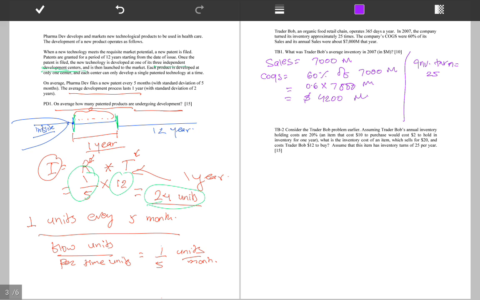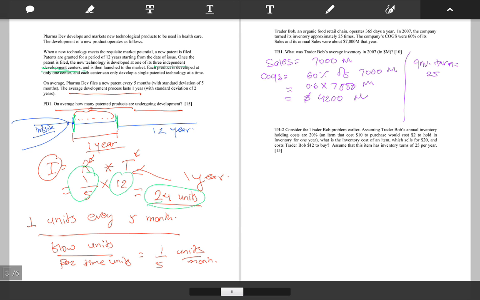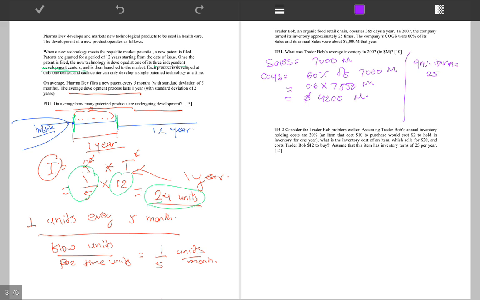Well, we know the formula that inventory turn equals COGS divided by inventory, right? But we already have inventory turns, that is 25.